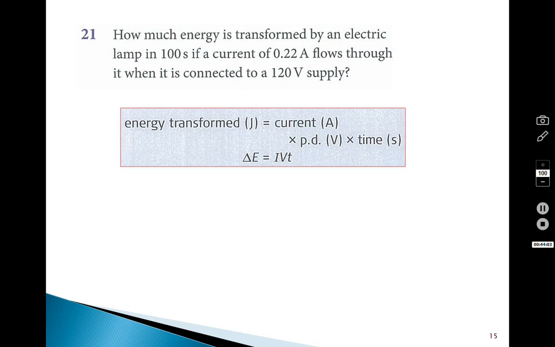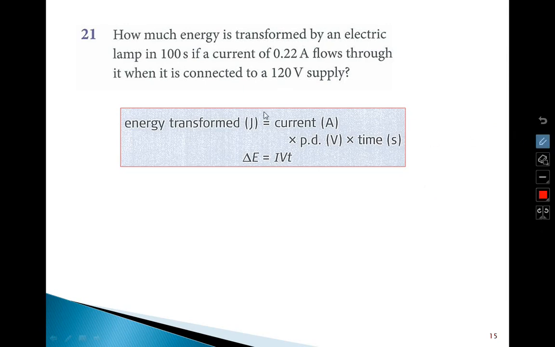So energy transferred is equal to power times T. And power is equal to current times V. So substitute P inside this equation: energy is current times voltage times time in seconds.